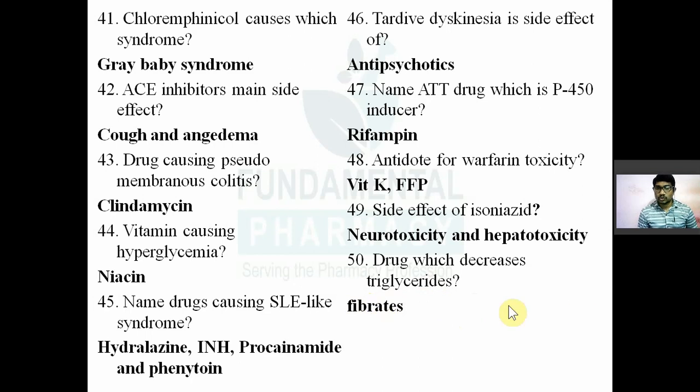So fibric acid derivatives, clofibrate, gemfibrozil, etc., are known as lipoprotein lipase agonists. ओके सो ये उसका एक्टिविटी बढ़ा देंगे एंड इट विल ब्रेक डाउन द लिपोप्रोटीन्स. It will decrease the triglyceride levels because it causes the breakdown of very low density lipoprotein. So that's why fibric acid derivatives like clofibrate, gemfibrozil cause a decrease in the triglyceride level of your body.